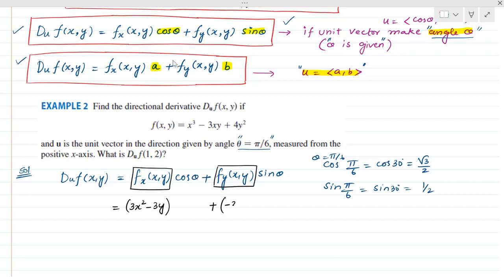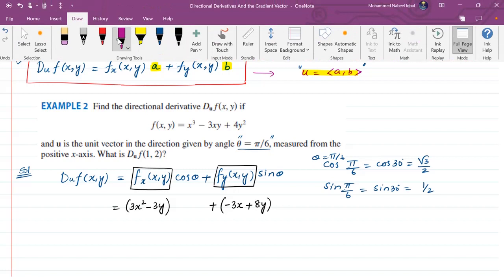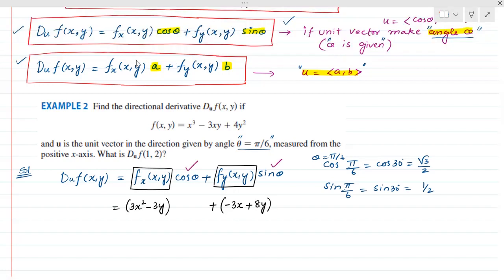The next term is minus 3x plus 8y. After that, I have to substitute the theta value for sine theta and cosine theta, which we have just calculated. So cosine theta, which is pi over 6, is root 3 over 2. And here 1 over 2 is sine theta.